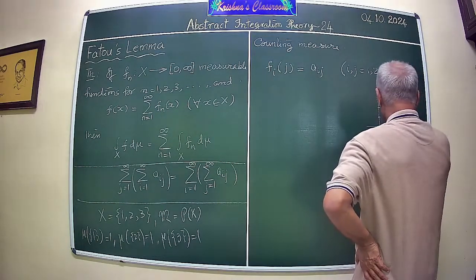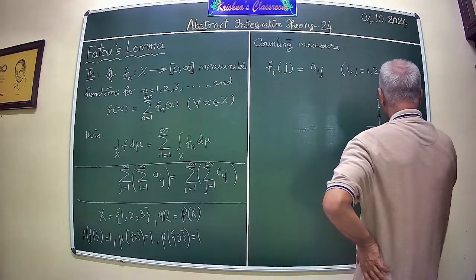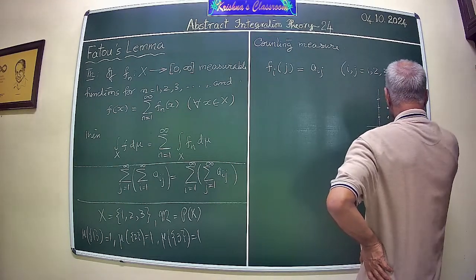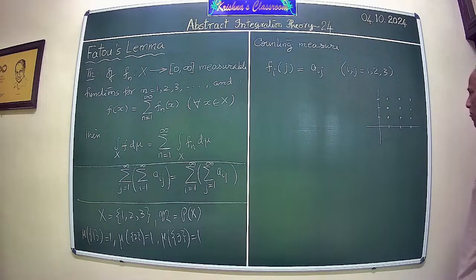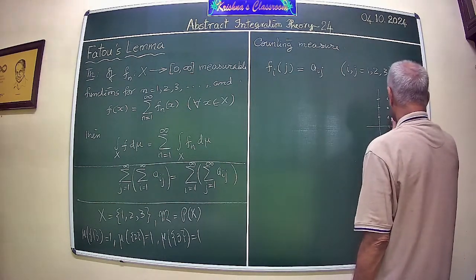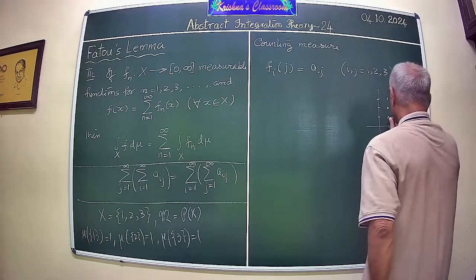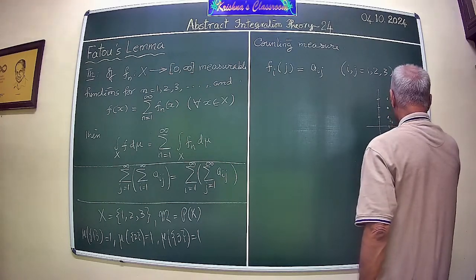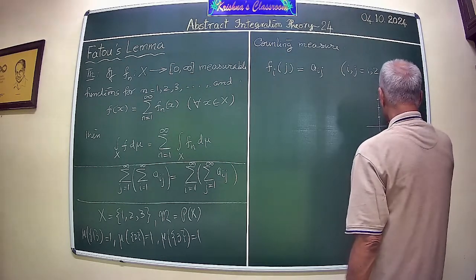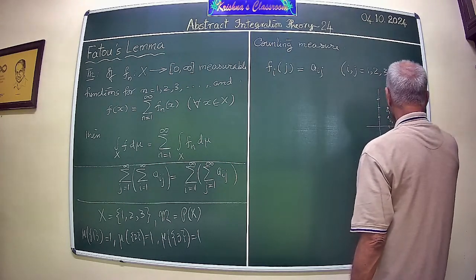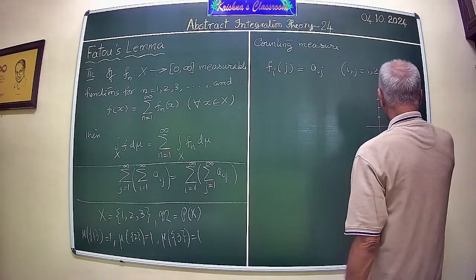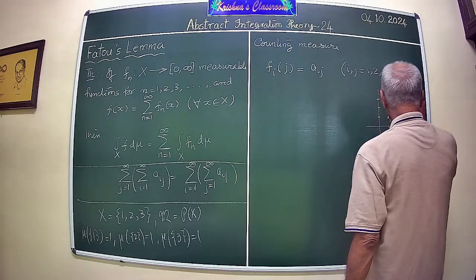You have got these lattice points. So you define F1 to be A11, A12, A13, this is A21, A22, A23, A31, A32, A33.